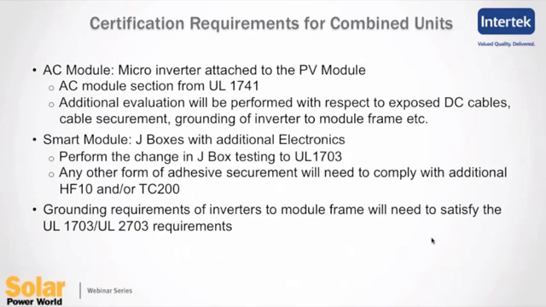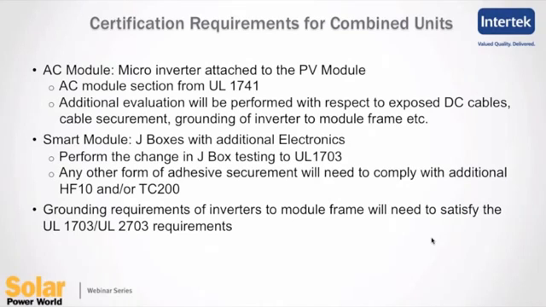For example, I've mentioned here the HF, the humidity freeze test, or the temperature conditioning test, which is a 200 cycle test, where the modules are cycled from minus 45 degrees C to plus 85 degrees C. So you're looking at having to repeat some of those tests when you're physically attaching these microinverters or the optimizers to the previously certified modules.